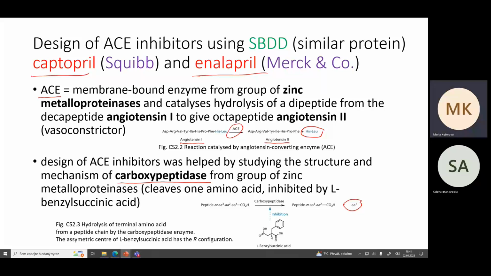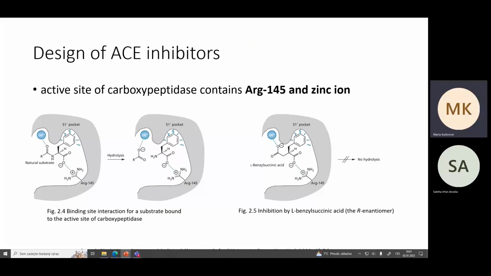It was known that this reaction is inhibited by benzyl succinic acid. So this was one of the starting points for development of inhibitors of angiotensin converting enzymes.